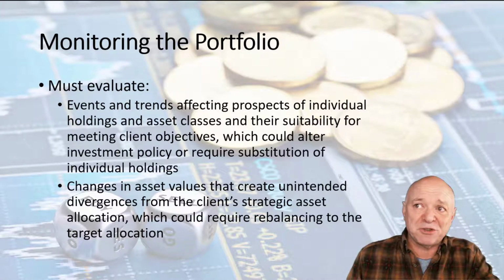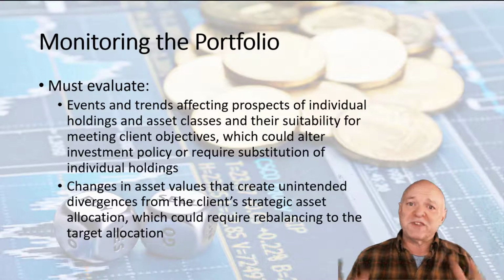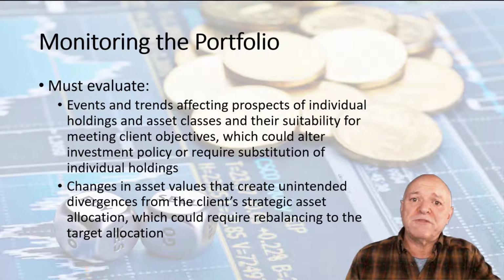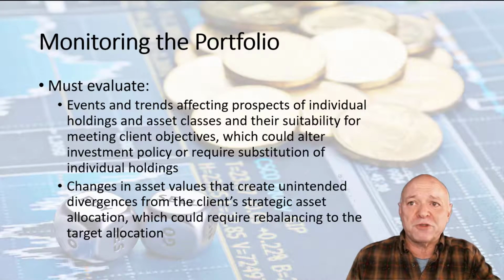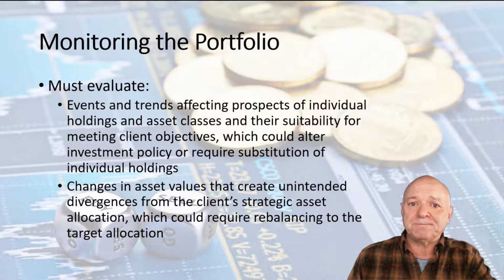Shifts in asset values may create unintended divergences from the plan. If you were very, very successful in real estate, perhaps you've got to reevaluate your overall portfolio strategy, and that leads us to the next step, rebalancing.